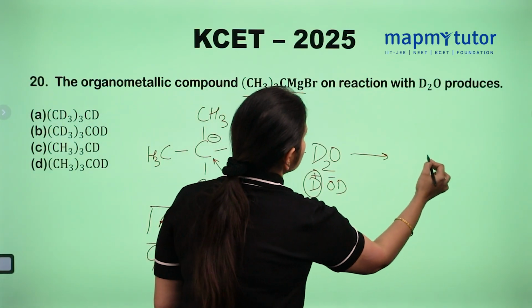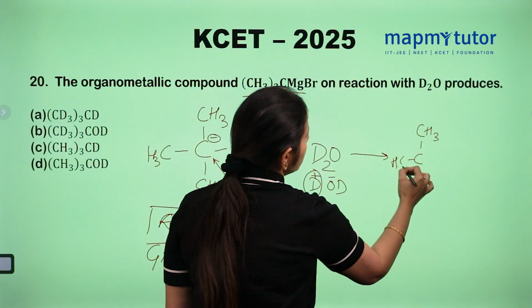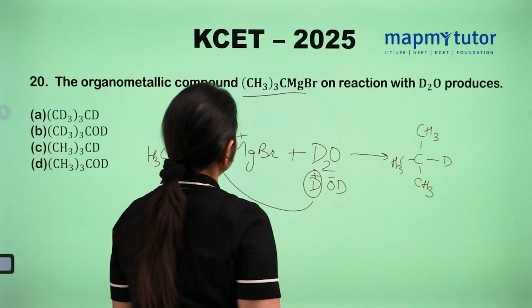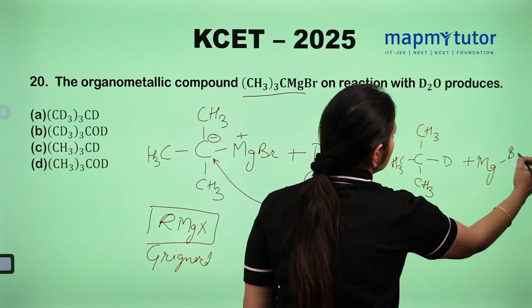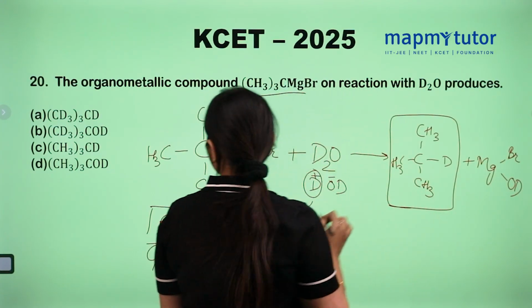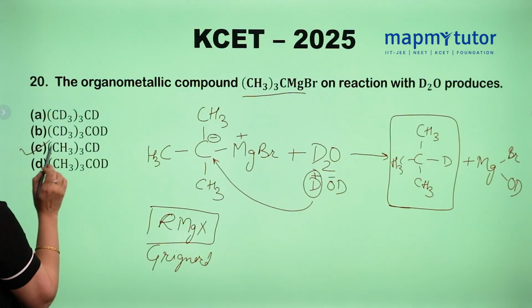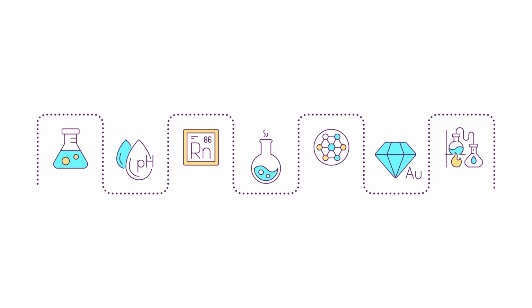So the answer will be (CH3)3CD plus Mg, Br and OD. So this is our answer. Where is it? Option C, the third position, (CH3)3CD. So this is the right answer.